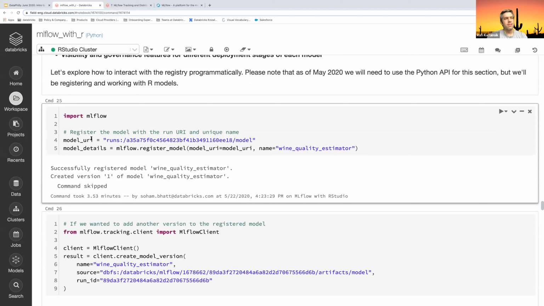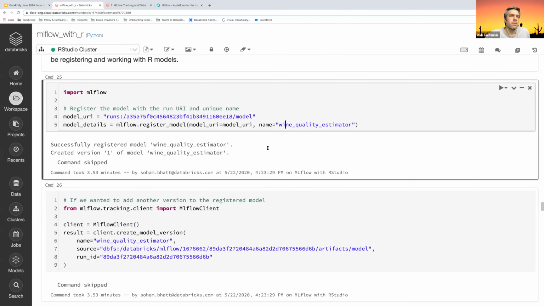Same idea. You grab the model URI, which is the path. You could either put your local path, or you could use this syntax with the runs and just point to the run ID. And then you use MLflow register model, the path to that model, and then the name of the model. You might want to name it after the use case or whatever it is.